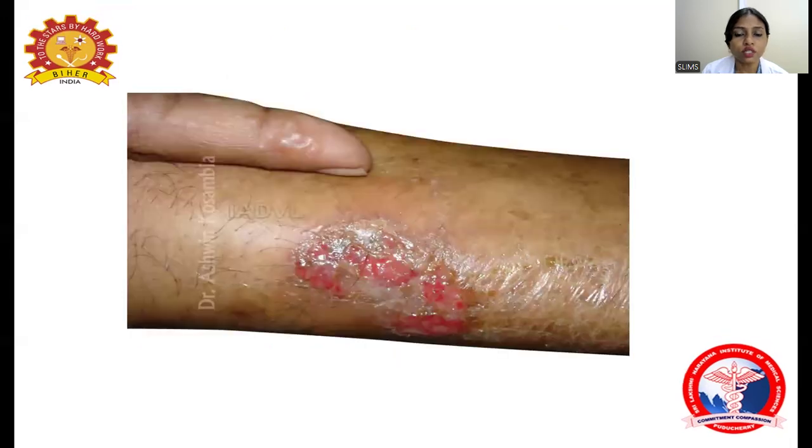This image shows acute eczema where you can see multiple vesicles, oozing, intense erythema, and the patient also had complaints of intense itching. Over the fingers here, you can see multiple vesicles. So this is an example of acute eczematous inflammation, the first stage of eczema.